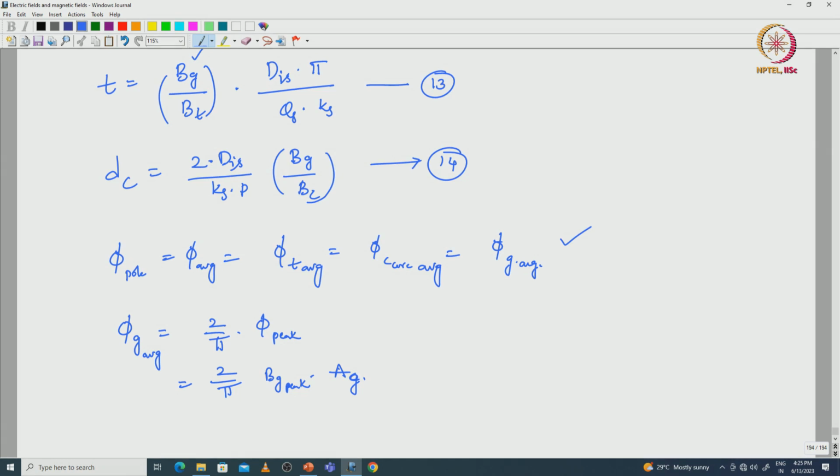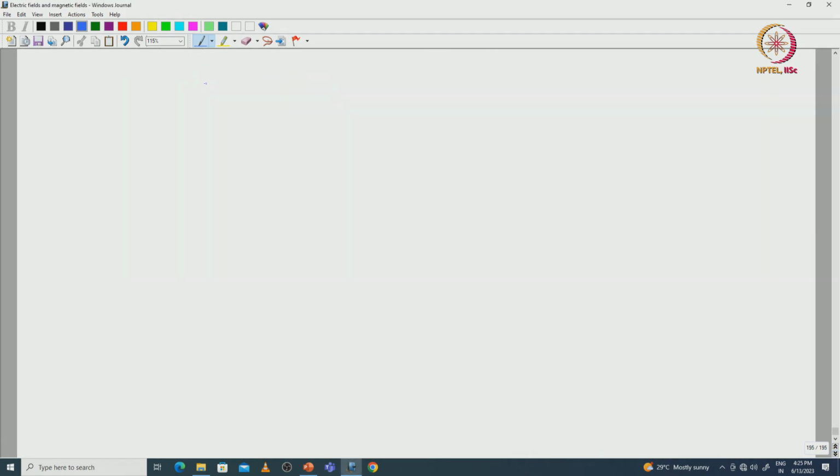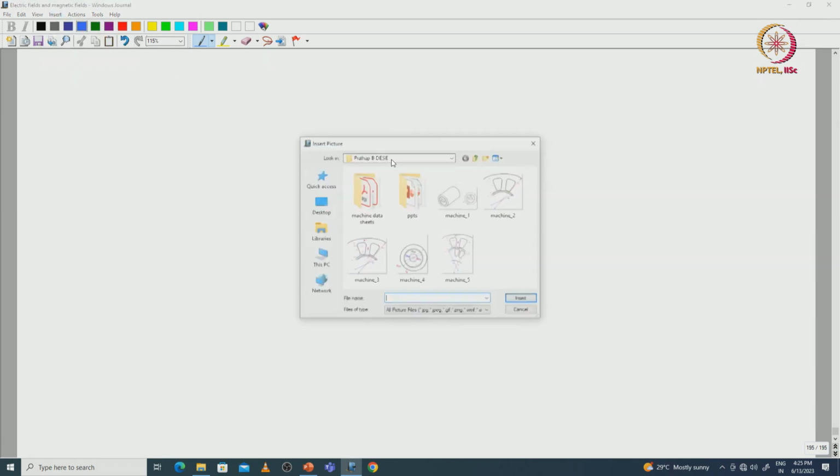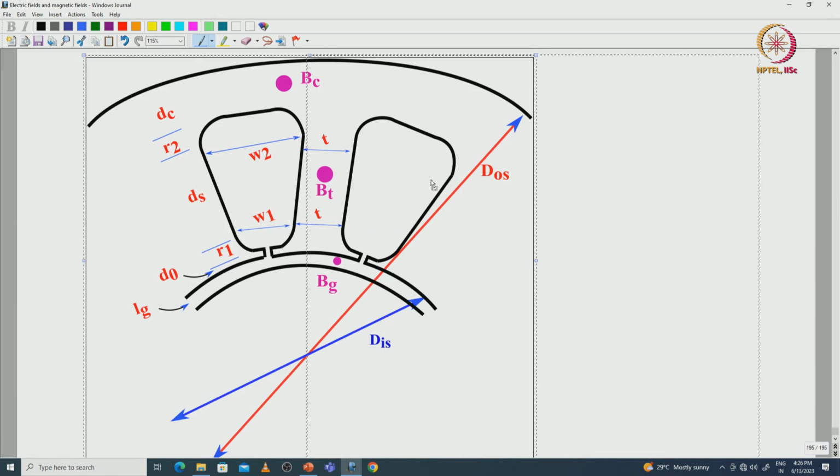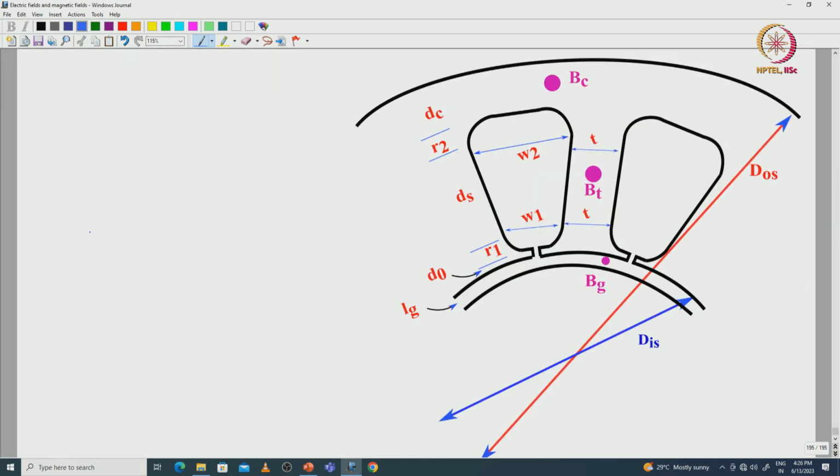So, here area we have to calculate. If we see the slot diagram, here the flux lines are entering in this manner in the air gap, and in the teeth also it is entering in the same manner.